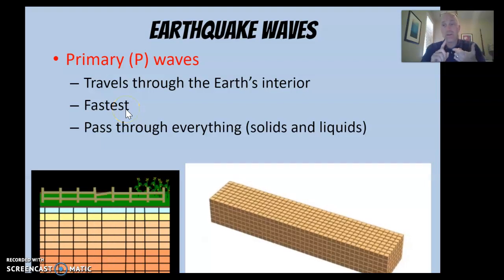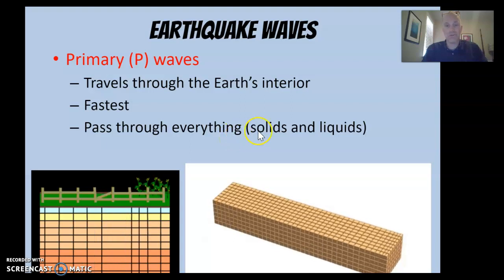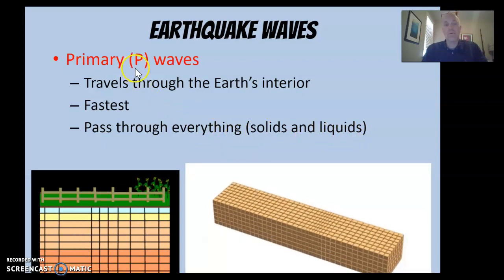We talked about there's primary, secondary, and surface. The primary one is the fastest. One thing about primary waves is that they pass through any type of material, both solids and liquids. One way to remember the term is, when you think of primary wave, think push, pull.